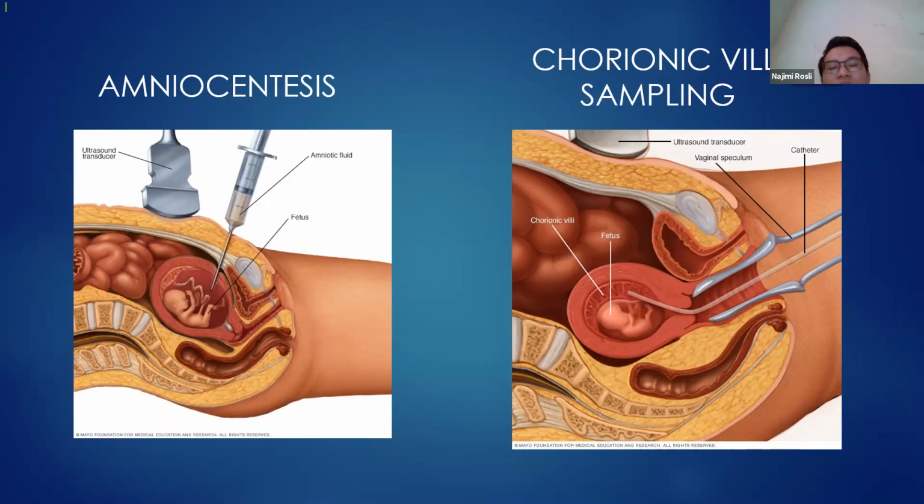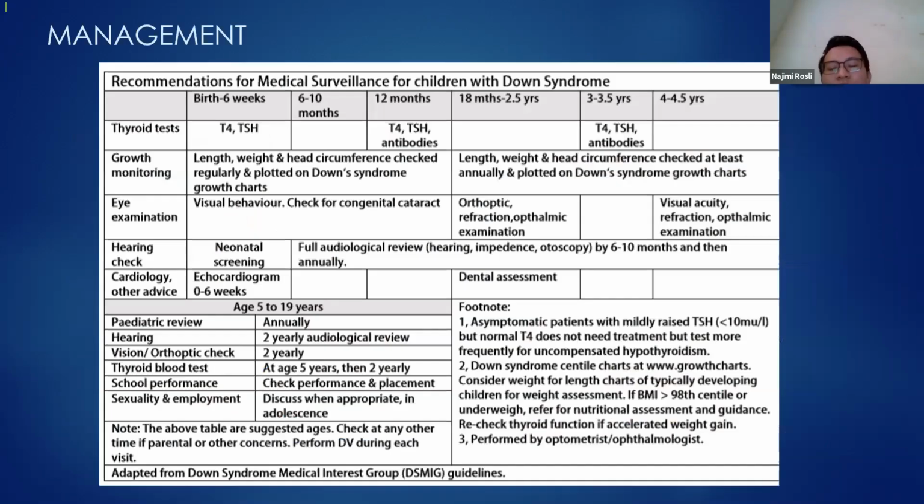Next, we go to the management part of Down syndrome. First, we perform examinations on the patient to look for any associated complications. And for health surveillance and monitoring, as displayed in the table, like thyroid tests, we do thyroid tests at birth or by 1 to 2 weeks of life.